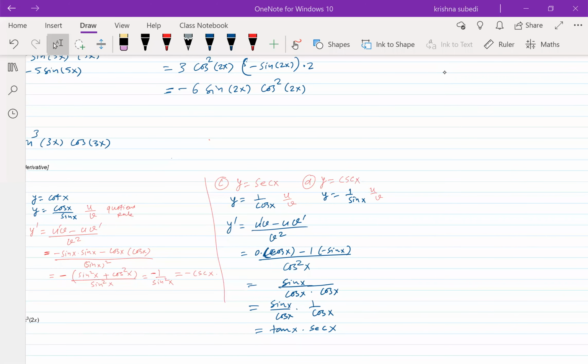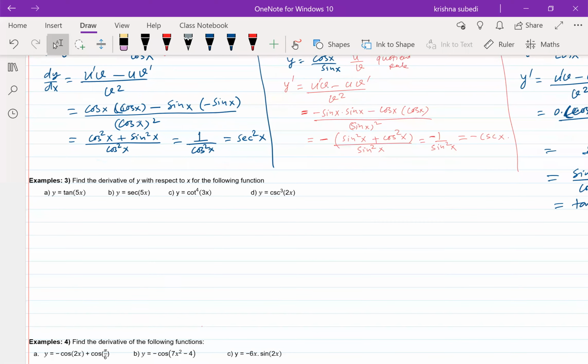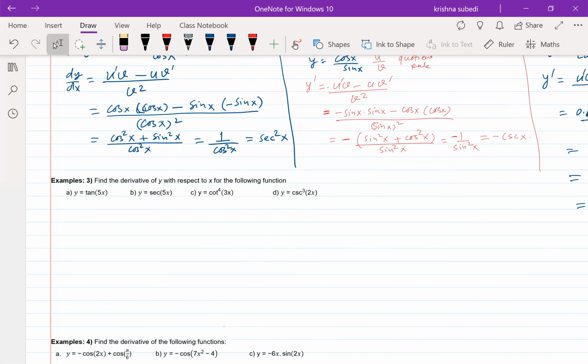So let's move to example 3. Now you have all the formulas, and you can solve this by yourself. I believe what I'm going to do is we'll do one question, let's say part A, together, and then you will do the remaining by yourself in the breakout room.